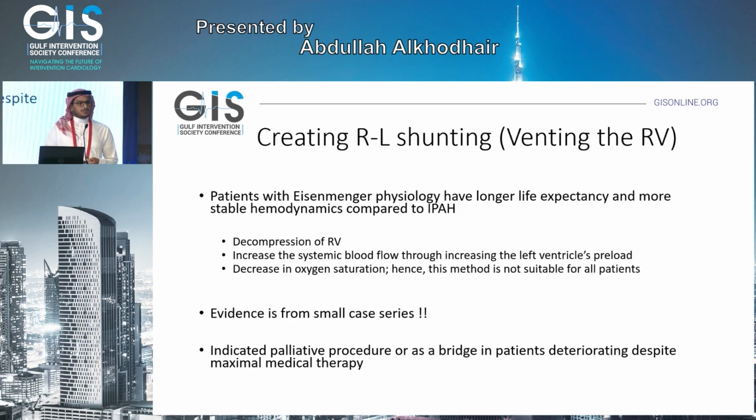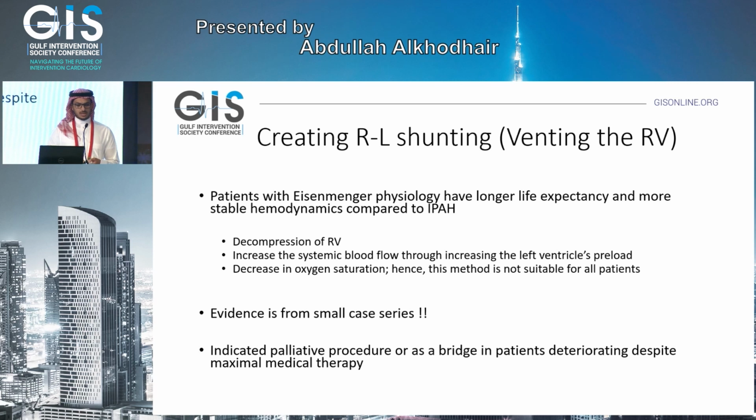So the first strategy entails creating right to left shunting, or in a way you can call it venting of the RV. And it comes from the observation that Eisenmenger patients have better outcomes compared to their counterparts who have just PAH. So because of this communication between the right and the left, you can decompress the RV.